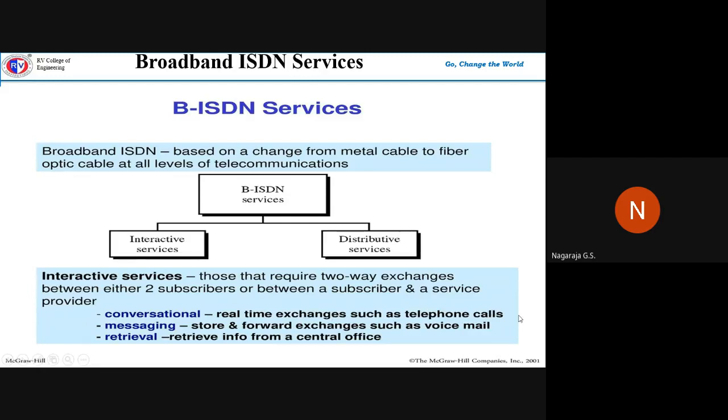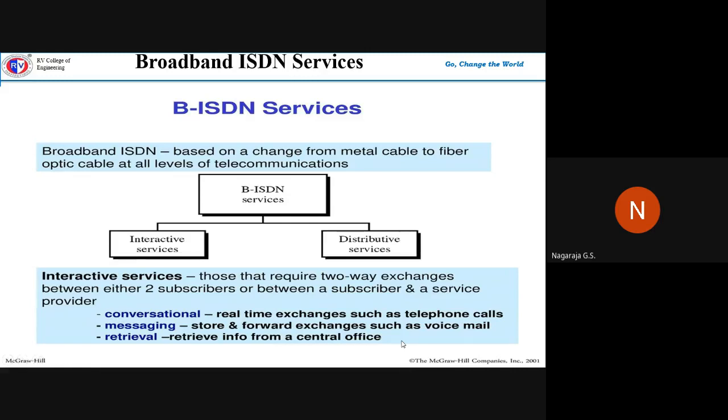You can write a lot of real-time examples for all these things. Let us say you speak to your friend. If you are not getting any response from the other end, are you going to speak? No, it's not possible. Messaging: store-and-forward exchanges such as voicemail. That is another kind of interactive service. Retrieval: retrieve information from a central office.